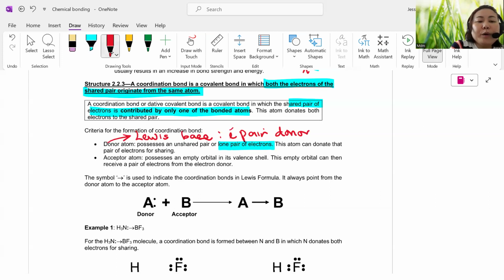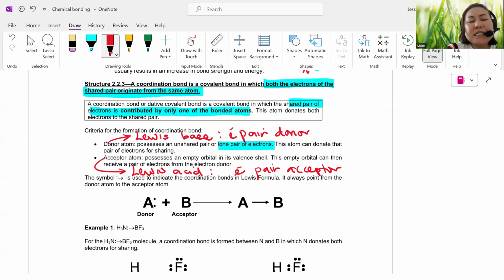Okay, now we will also have an acceptor atom. An acceptor atom usually consists of an empty orbital, and this empty orbital will then receive the pair of electrons from the donor. A term that we use to describe this acceptor atom will be Lewis acid, which means an electron pair acceptor.